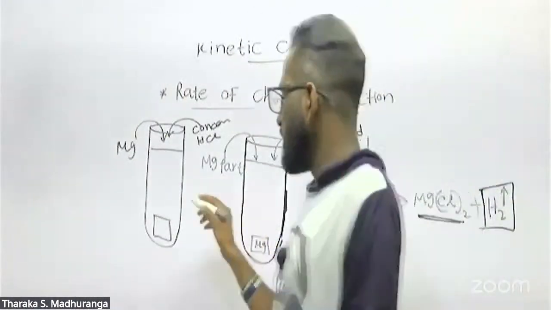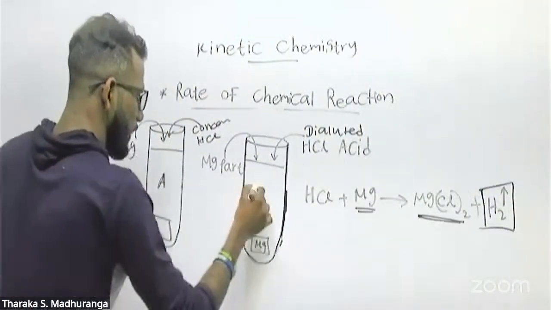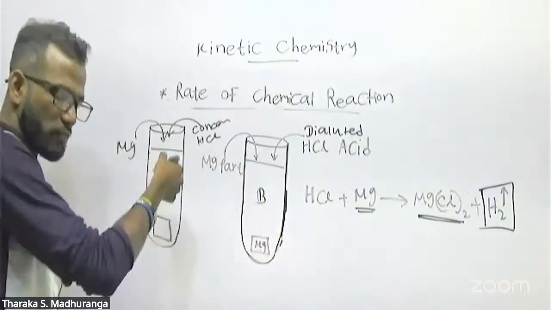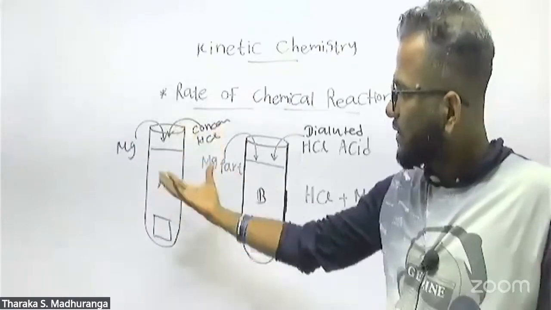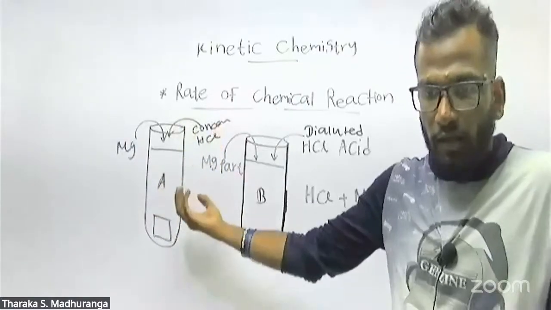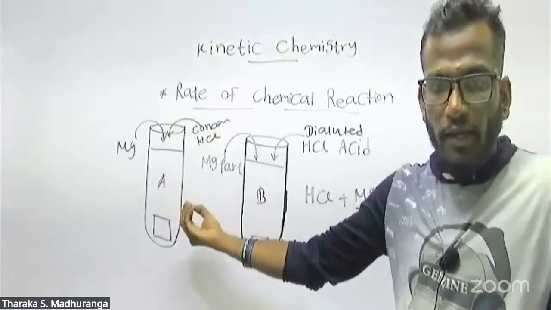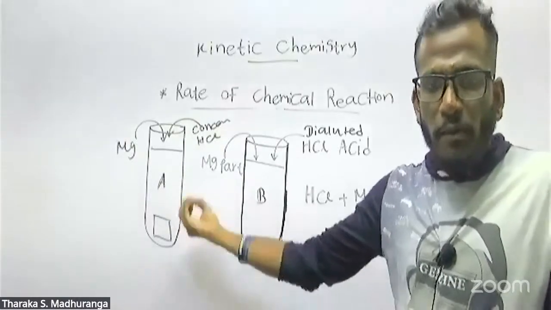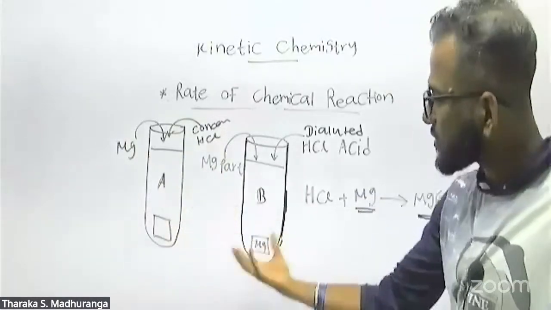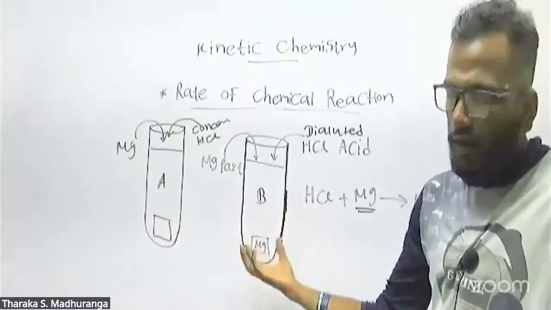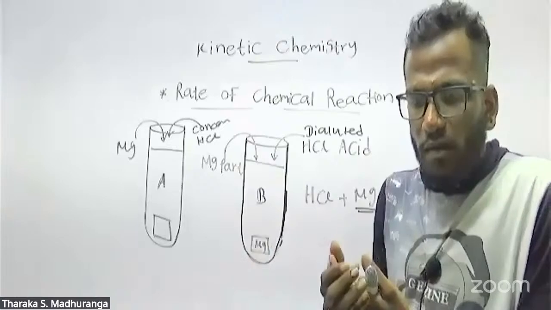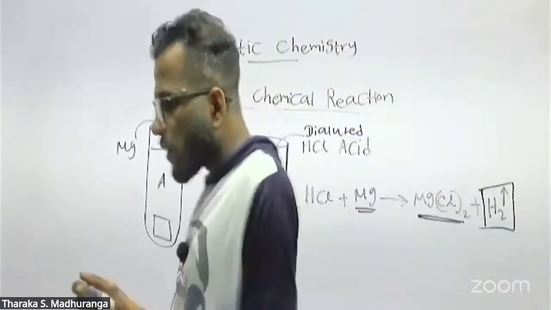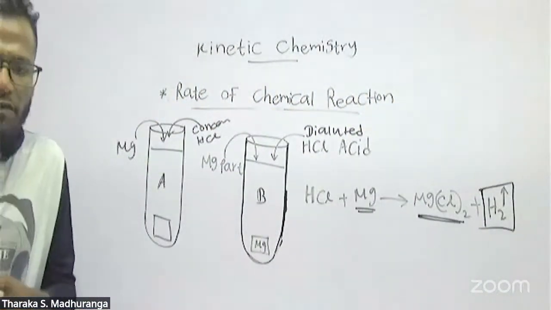This is A and this is B. From test tube A, we can see the air bubbling and heating speed, mainly the air bubbling speed. The air bubbling speed is very high in one and normal in the other. Then we can make a comparison and get some small idea about the rate of reaction.